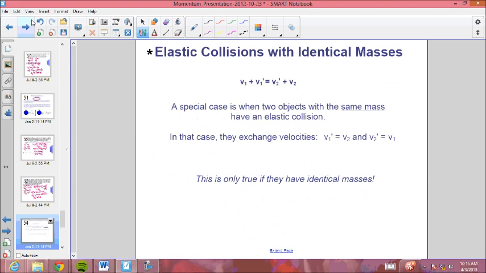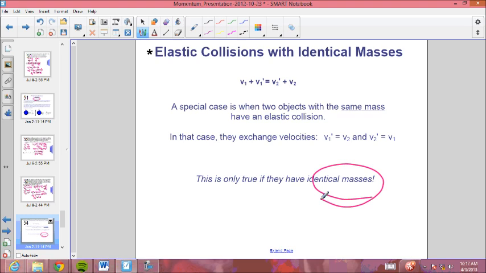Alright, so now those were all things with different masses. Now we want to know what happens when they are the same mass. In that case, and this is only true if they are identical masses, your v1 prime is equal to v2, and your v2 prime is equal to v1.